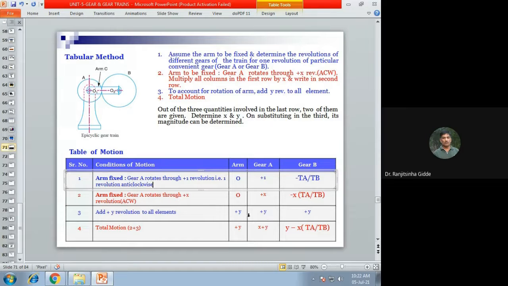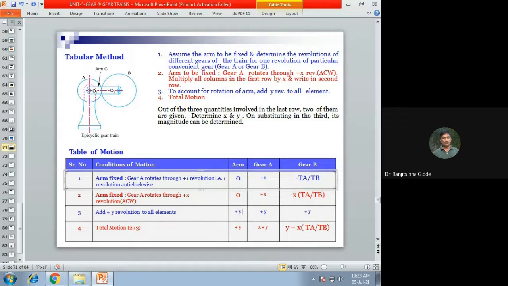Just we are going to add y revolution for the arm and the total motion. Now third step, to account for rotation of the arm, add y revolution to all the elements. Y revolution to all the elements. That is the third step. So again, add y revolution to all the elements.